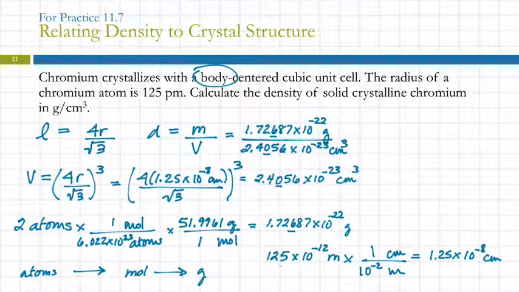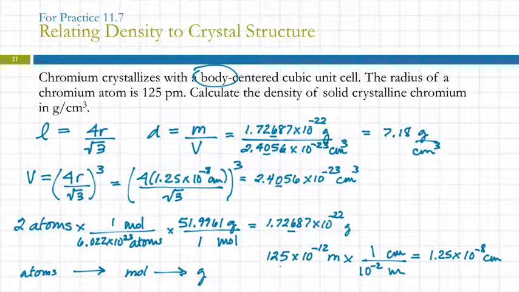Divided by 2.4056 E minus 23. There we go. Coming up with 7.18 grams per cubic centimeter.